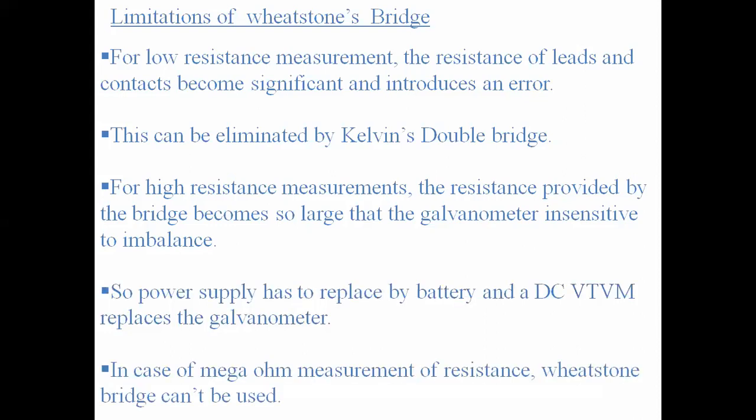For measuring resistance in terms of mega ohms, the Wheatstone bridge cannot be used. If you want to measure in terms of mega ohms, the Wheatstone bridge is not suitable.